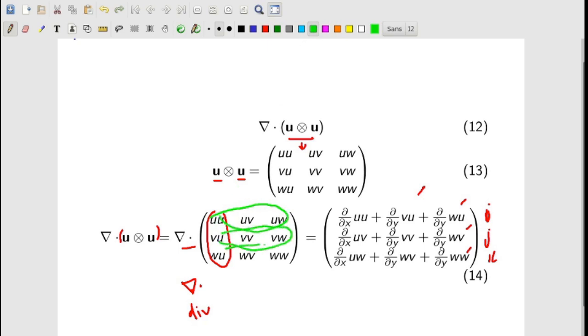So you could apply this row by row, and you could apply this column by column, and this will be represented by these 2 different notations.